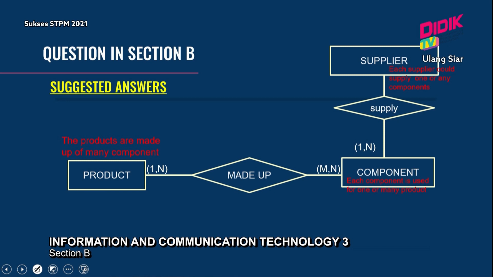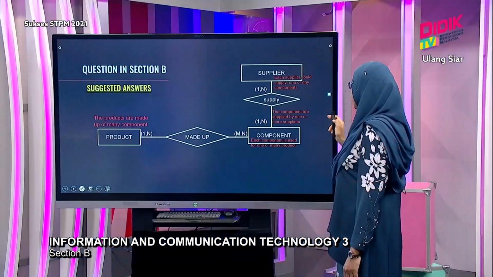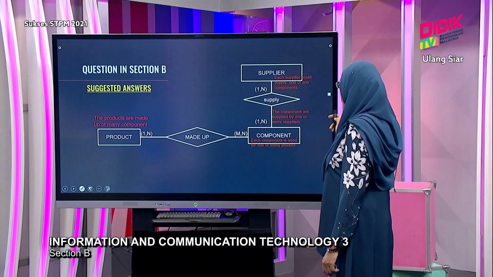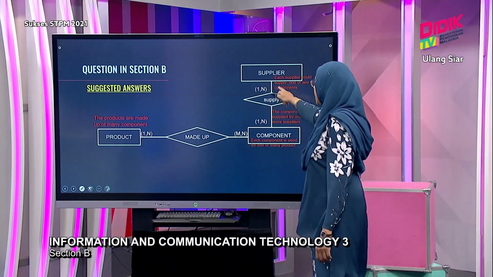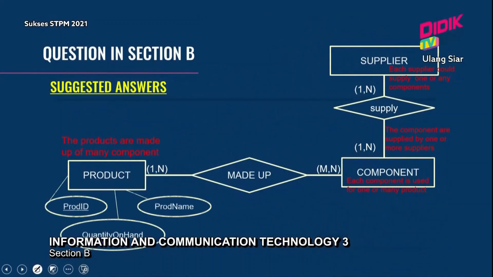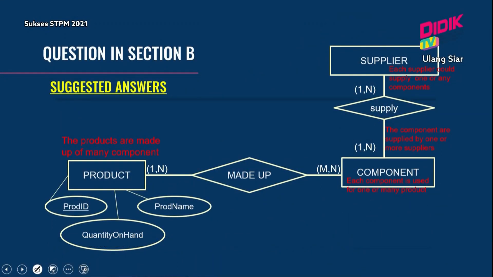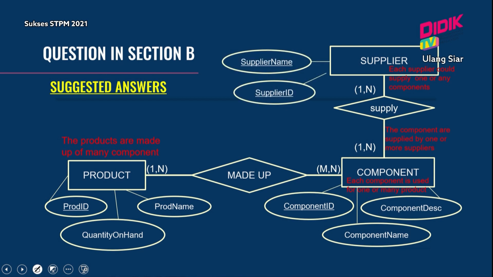Each supplier could supply one or many components, and the component is supplied by one or more suppliers. So the cardinality will be like this, and finally only then you write the attributes, so that it won't be messy.